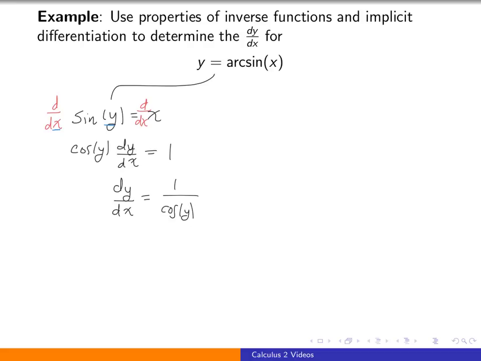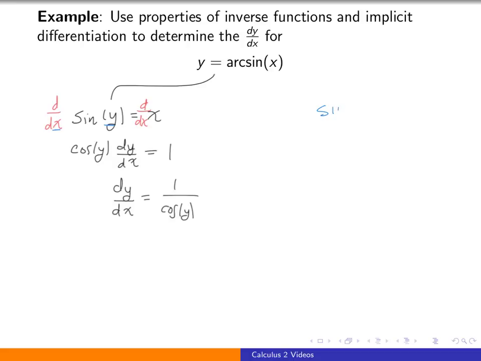However, this is not quite what we are looking for, because we started off with the function y equals arcsine x, and we want a differentiation formula, so we want to write dy dx solely in terms of x. So let's draw a right triangle that will help us determine the value for cosine y.